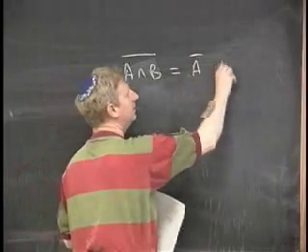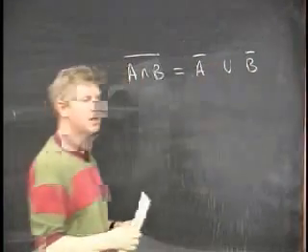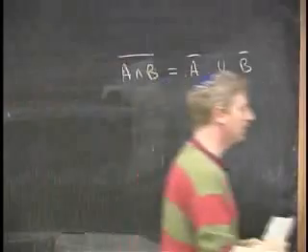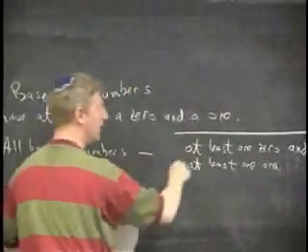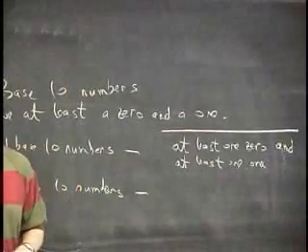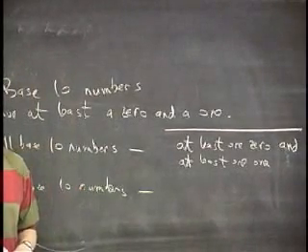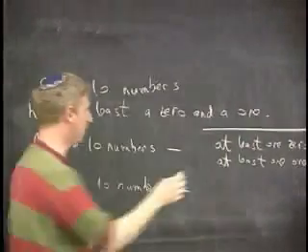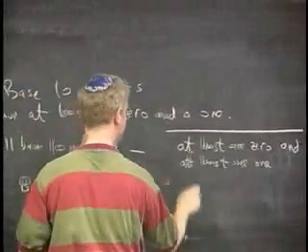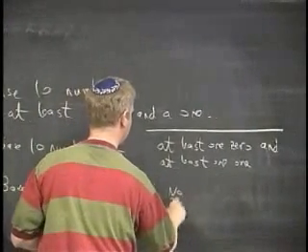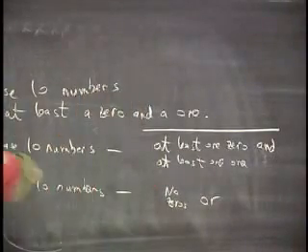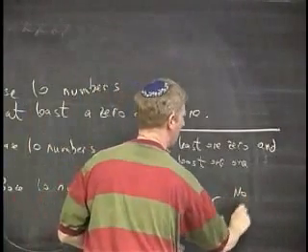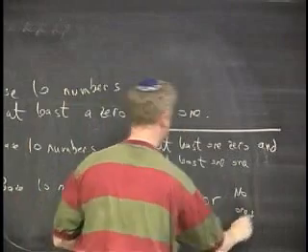Not A union not B. So now I'm going to rewrite that. Not the first one. This and is intersection, so not the first one, which means it doesn't have at least one 0. That means it has no zeros, or, union, no ones.